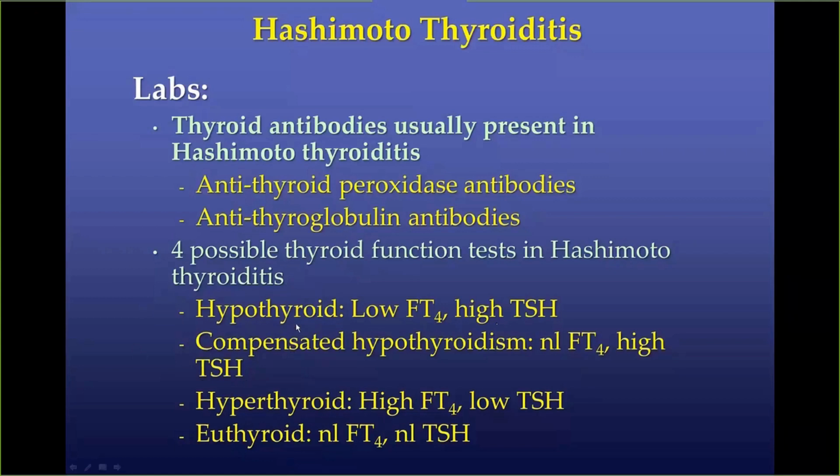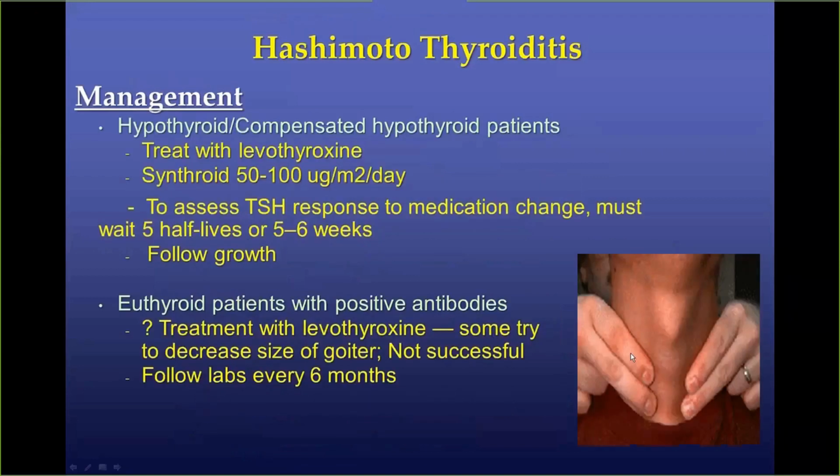So it's important to know that Hashimoto's thyroiditis has different phases, starting with hashitoxicosis, which is hyperthyroidism, and then euthyroid, and then hypothyroid. Before the hypothyroid, you can see compensated hypothyroidism, which just means that free T4 is normal and the TSH is high. Treatment is the same as congenital hypothyroidism, with a little bit of difference in the dosing.